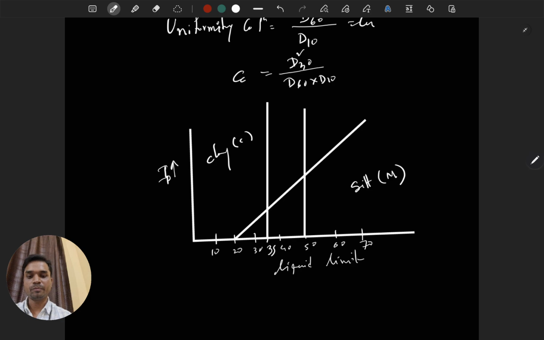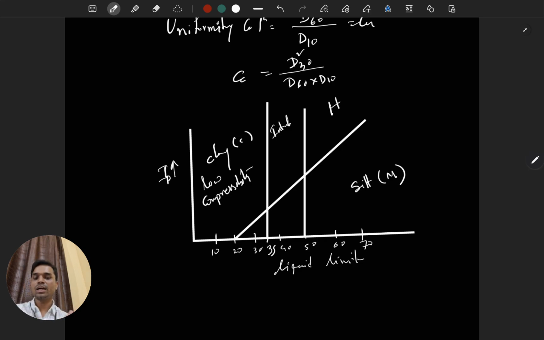I hope there is no doubt. Now anything which is between 0 and 35 is low compressibility, then intermediate compressibility, and this is high compressibility. Clear?